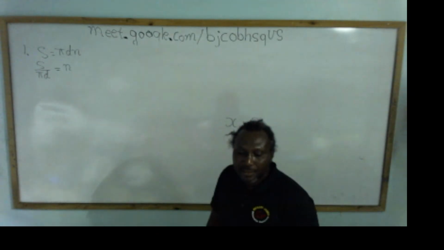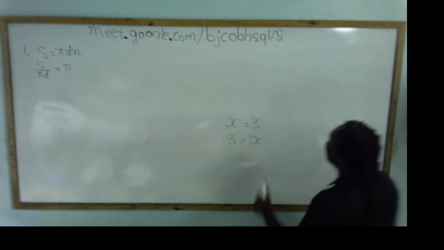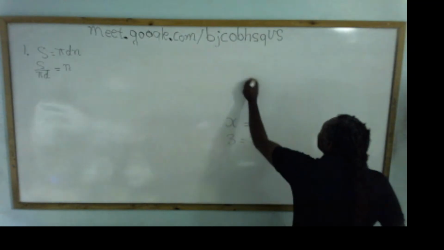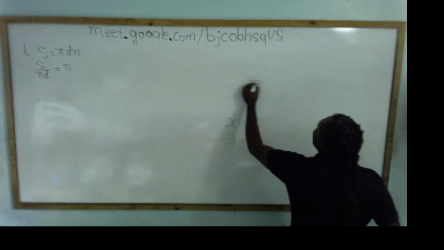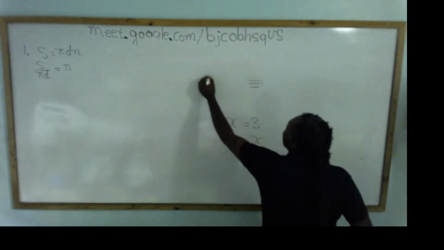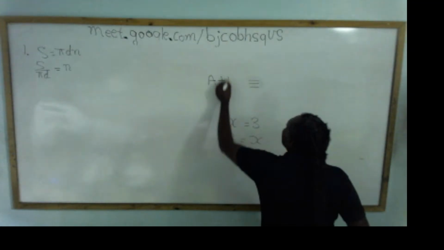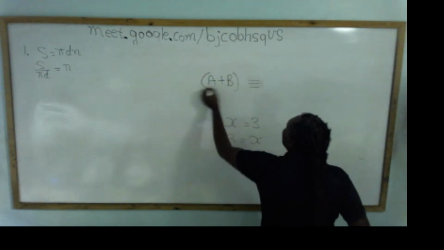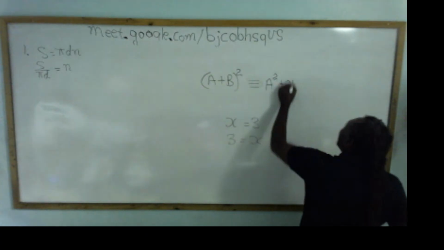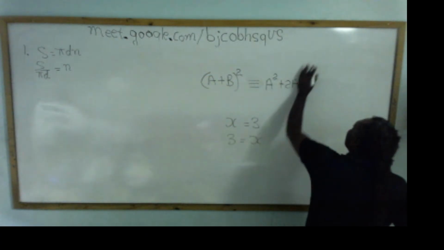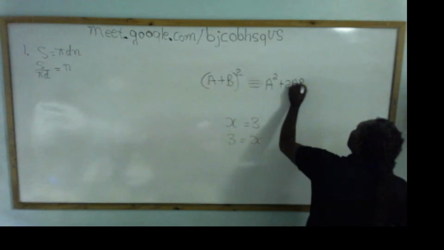There's a two-sided sign, and it is this one. Let me write. There's a two-sided sign, and it is this one. And you can safely say that a plus b all squared, some of you will remember this, is equal to a squared plus 2ab plus b squared.